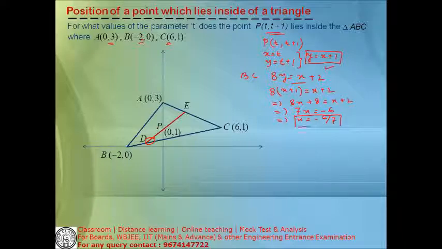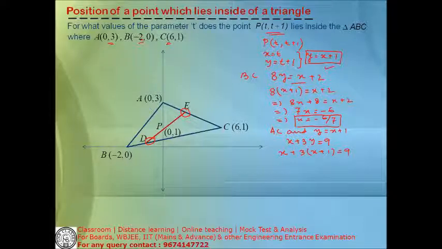Now to find the abscissa of the point E, we have to solve the equation AC and y equals x plus 1. Now the equation of AC is x plus 3y equals 9. This we have already found. So in place of y, I am writing x plus 1.